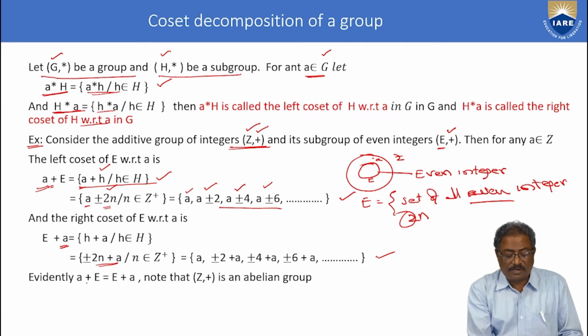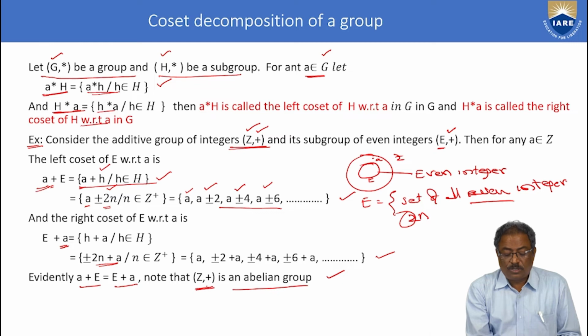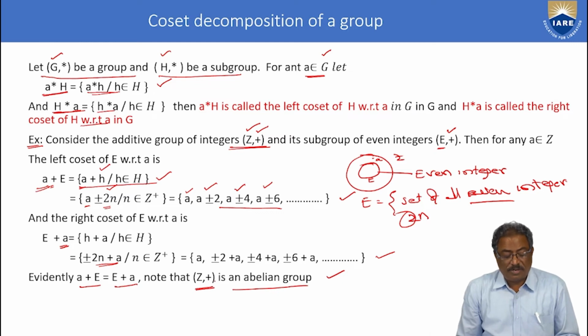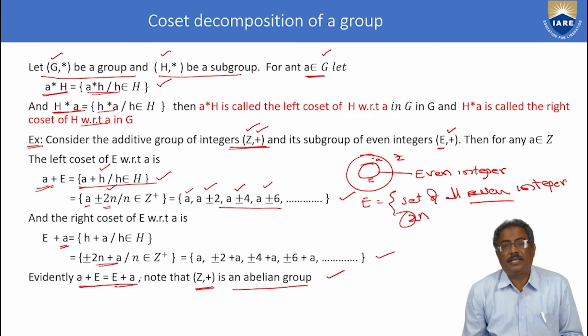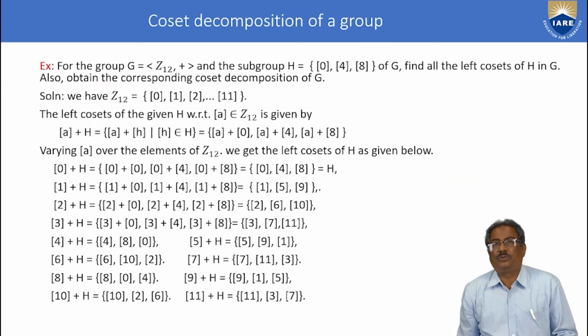Eventually we can say that the left coset is equal to the right coset, so it is an abelian group. Z comma plus is an abelian group. So A plus E equals E plus A, left or right cosets.